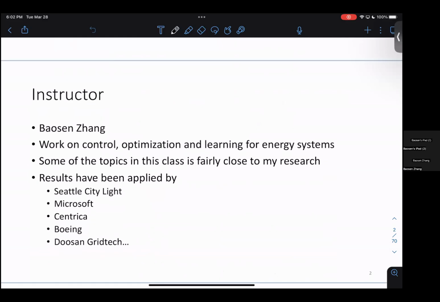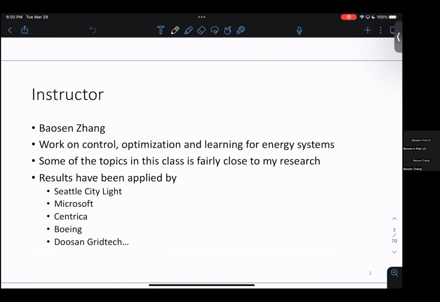So a little bit about me, right? My name is Balson. I think some of you know me, some of you may not. I've been here for about 7.5 years. My research is mostly on control, optimization, and I do quite a bit of machine learning for power systems. So some topics you see in this class are related to what I do.